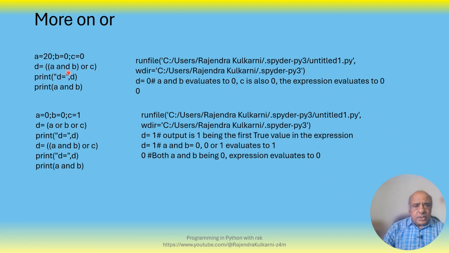Now values of A and B have been changed. A is 20, B is 0, C is 0. So A and B will evaluate to false, and since C is also false, the output will be 0. In this case A is equal to 0, B is equal to 0, C is equal to 1.